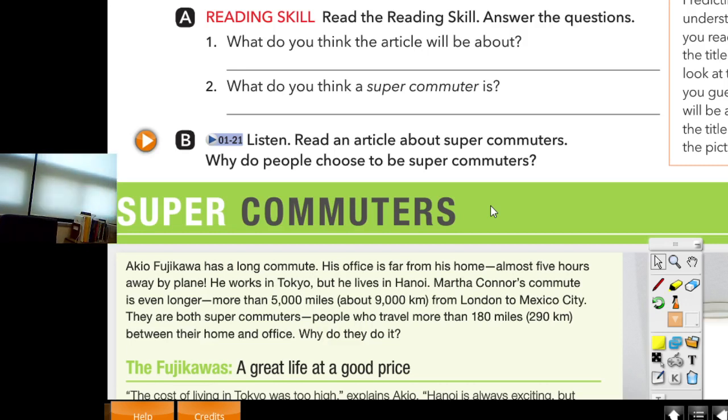The Connors. Technology helps a family stay together. 2 years ago, Martha Connor's office moved from London to Mexico City. She loves Mexico City, but her family doesn't want to live in another country. Her husband owns a successful restaurant. Her children like their school in London, and they don't want to leave their friends. So Martha became a supercommuter.